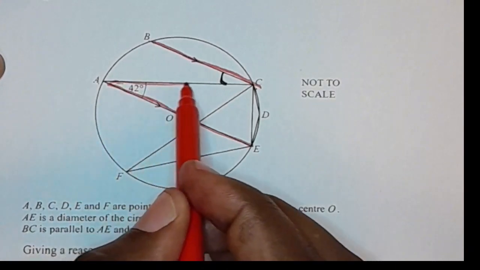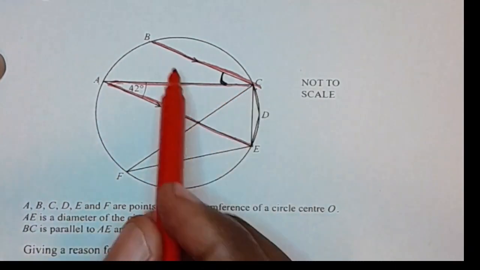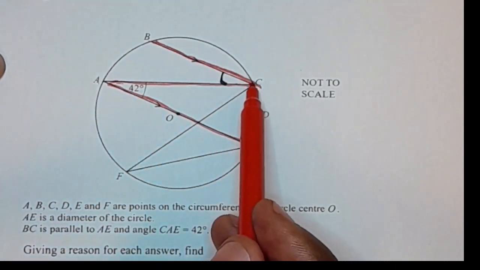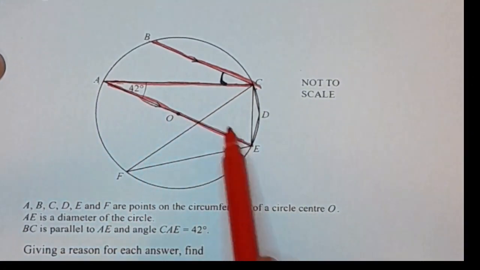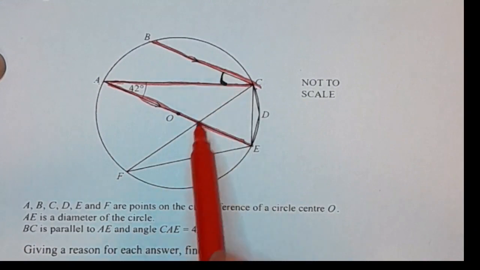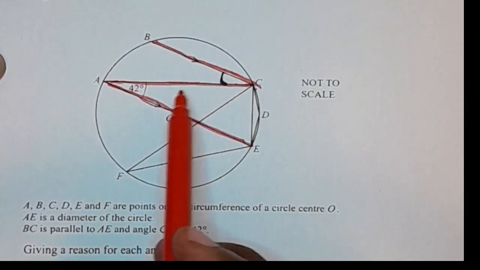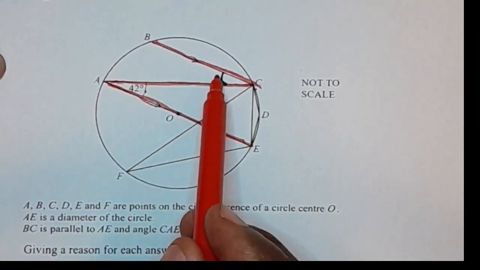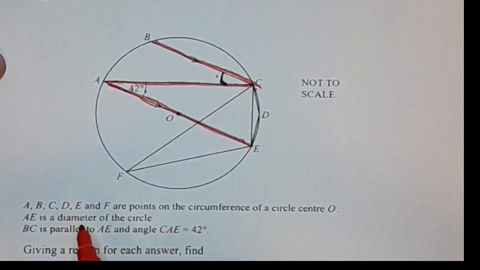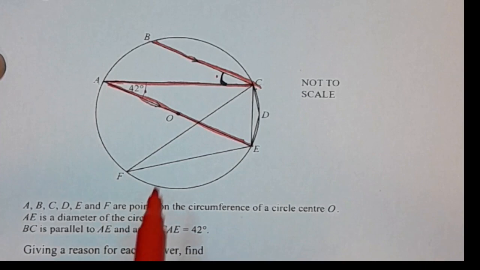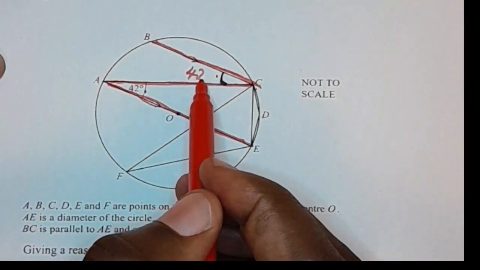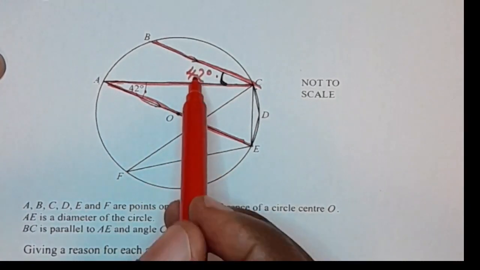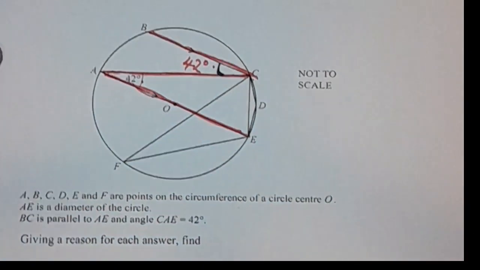When you look at this shape here, this is a Z shape. So this angle here and this angle are alternate angles, and alternate angles are equal. So if this is 42, even this angle here is 42 degrees because alternate angles are equal.